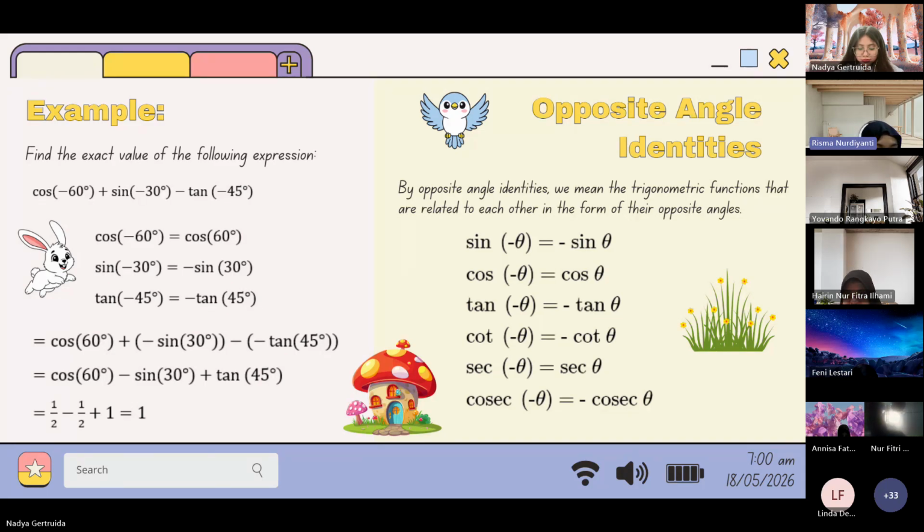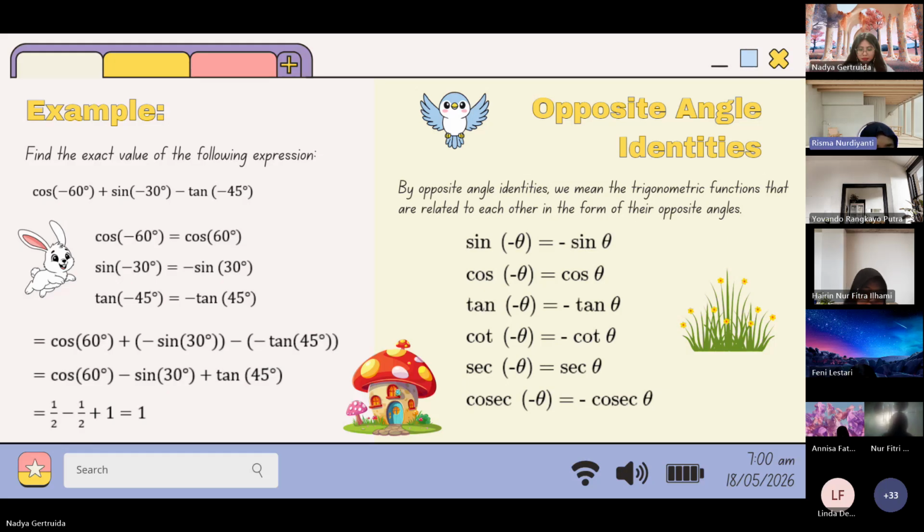And for example, find the exact value of cosine negative 60 degrees plus sine negative 30 degrees minus tangent negative 45 degrees. Using the identities, cosine negative 60 degrees equals cosine 60 degrees. Sine negative 30 degrees equals negative sine 30 degrees.